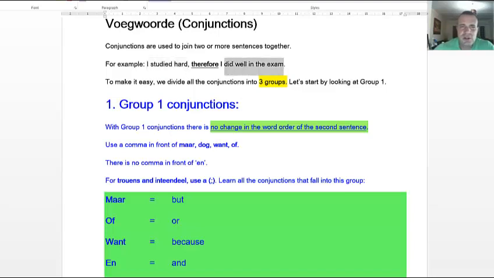So there's your second sentence, and there's your first sentence, and you join the two sentences with therefore. Okay, you need to know what therefore means. So you did well in the exam because you studied hard. That's what therefore means. So you need to know how to use it and also what they mean. That's very important for the rest of your Afrikaans up until matric.